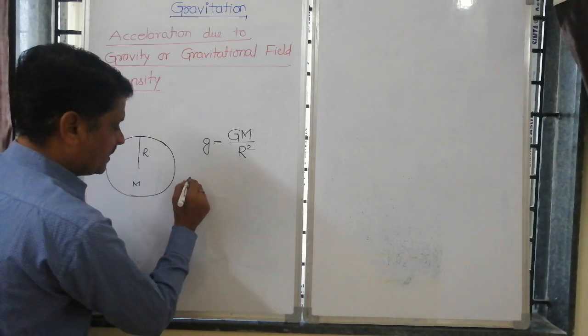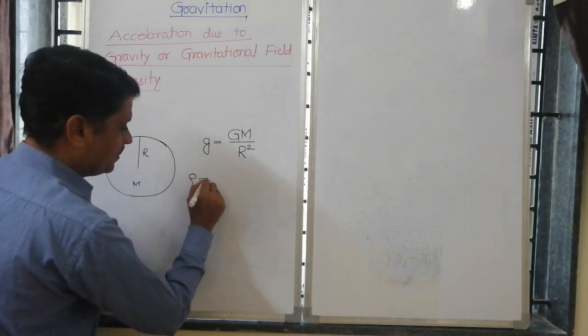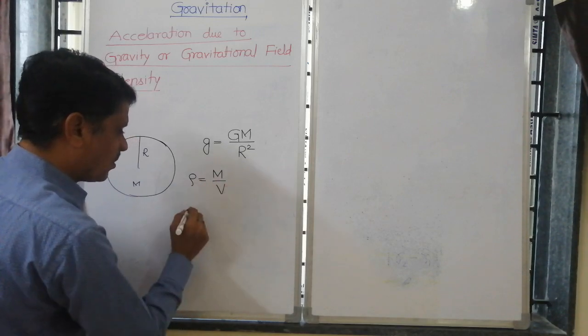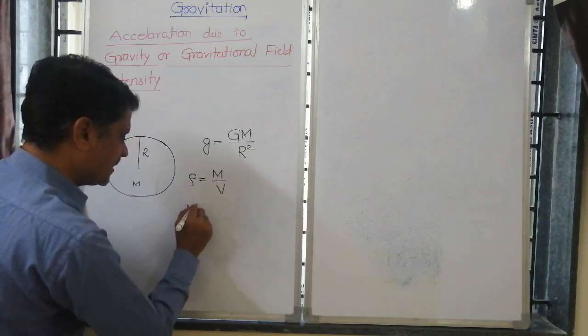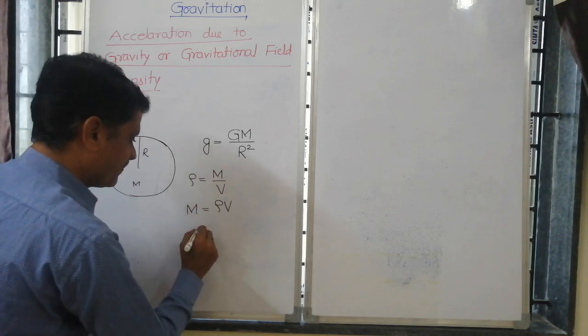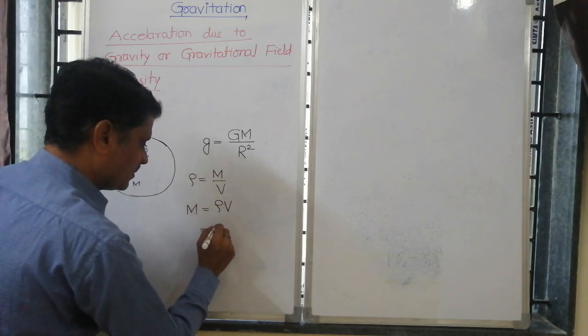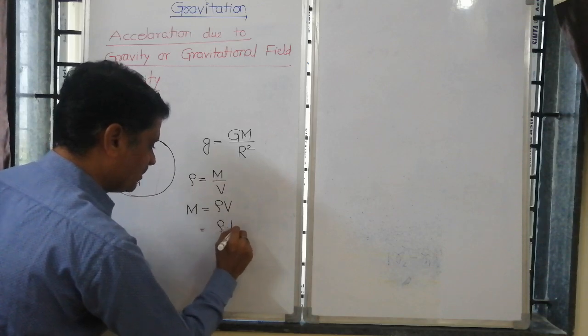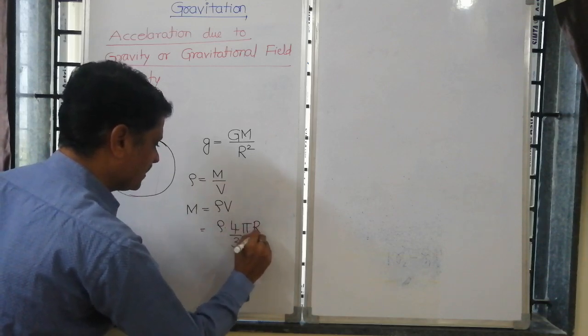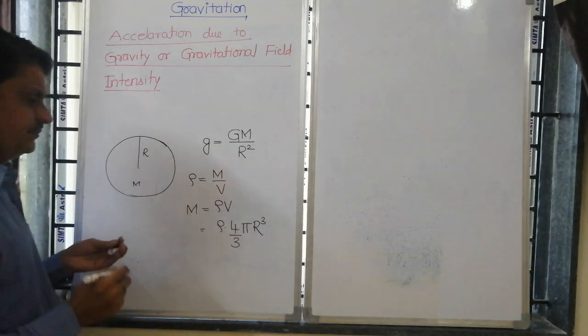That is, density is equal to mass divided by volume, or mass can be written as density into volume, and volume means 4 by 3 pi r cube.